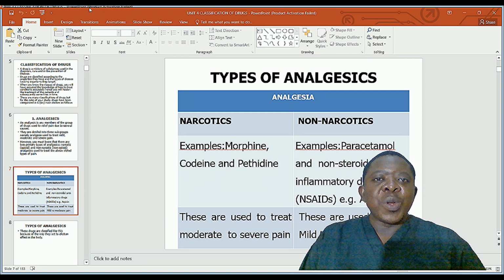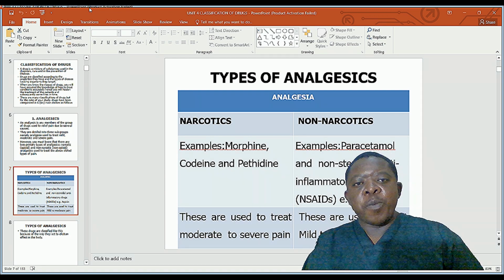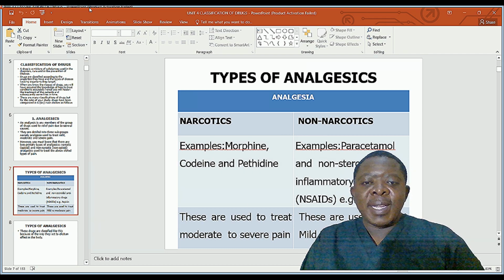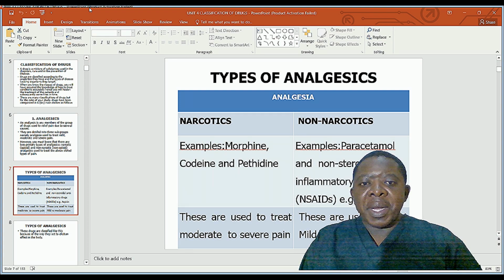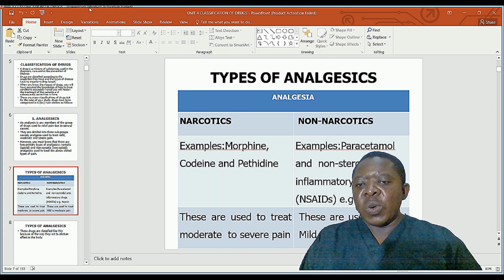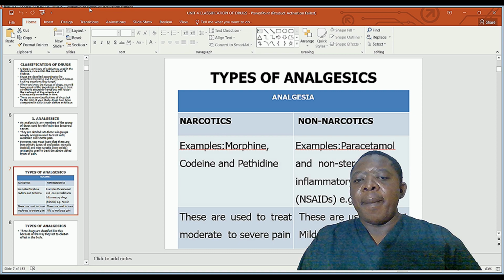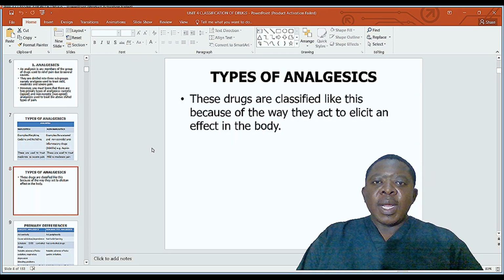So when you want to treat moderate to severe pain, mostly the choice of drug will be narcotics. For severe pain, someone who has just come from theater, you may use narcotics within the critical hours after the patient has come from theater. Non-narcotics are used to treat mild to moderate pain.